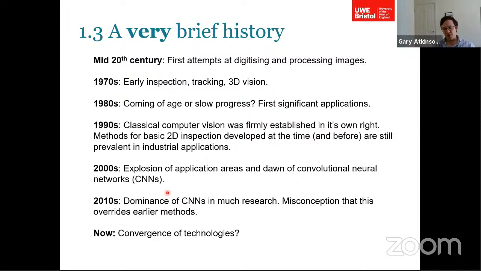And you often hear research in the field talking about how amazing their neural networks are and things like that. And they are, and we'll talk about that in a minute. But it's important we don't forget about these existing techniques, especially in the industrial sector. But nevertheless, we shouldn't ignore the latest developments.